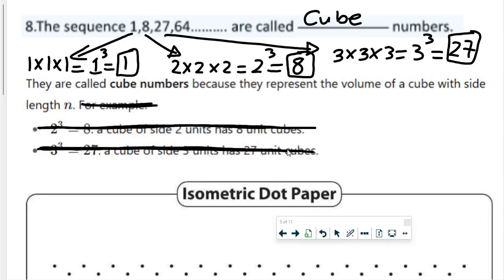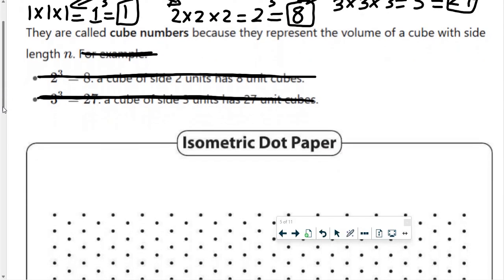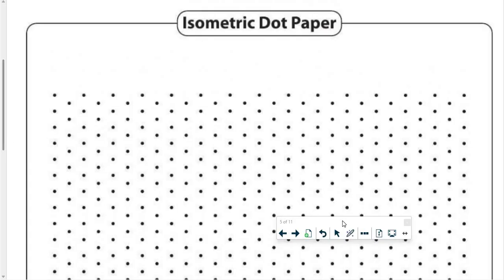Now, can you represent maybe the first 4 cube numbers, which are 1, 8, 27, 64? Can you represent them using pictures? Now, this is what I want everyone to pay attention to.